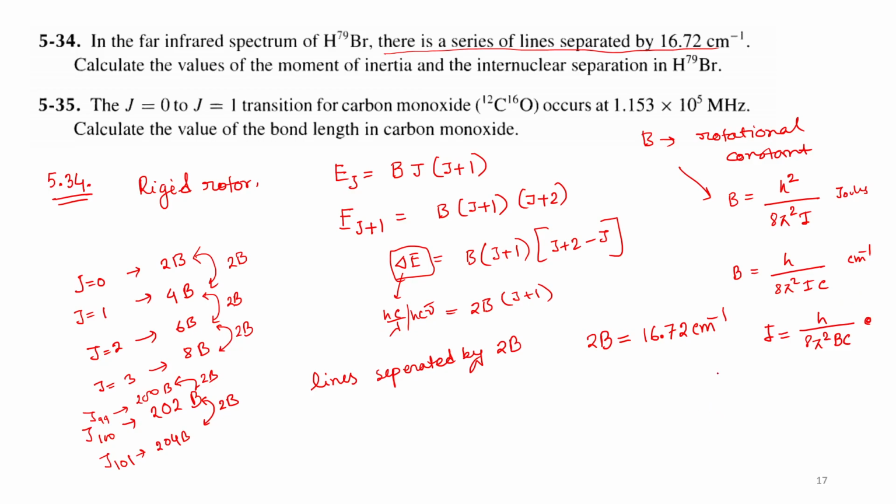So I will be 6.626 into 10 to the power minus 34 joule second, by 8 into 3.14 square into b, which is 2b, that means it is 8.36 centimeter inverse into c into 10 to the power 10 centimeter second inverse.